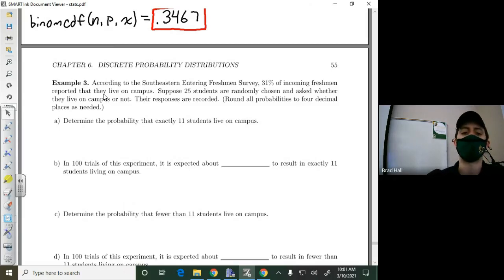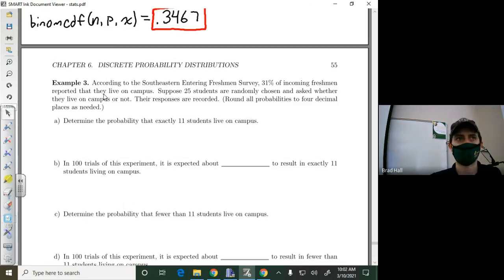Well, 25 students at Southeastern, so the population would be Southeastern students. The sample would be the 25 students, and they are asked whether they live on campus or not. Their responses are recorded.